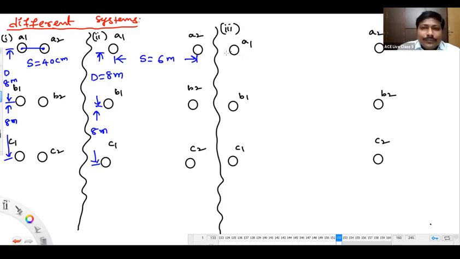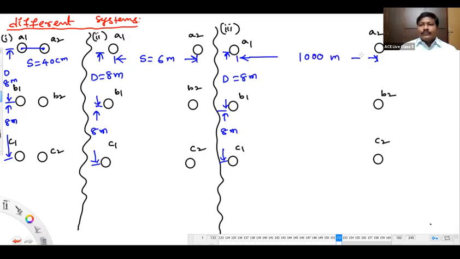Next case. This gap D is 8 meters, and this also 8 meters. And between A1 and A2, that gap is, let's say, 1 kilometer or 1000 meters.